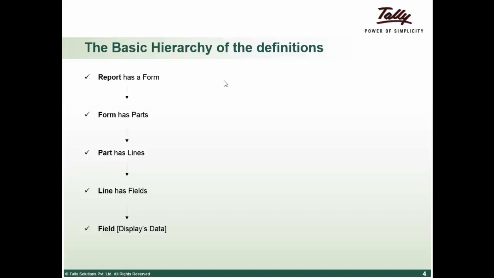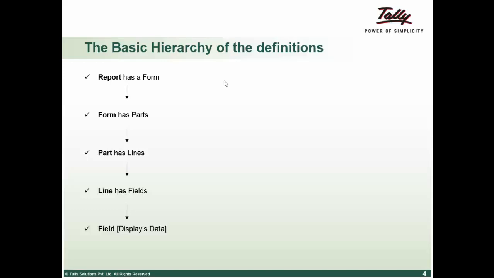Repeating the hierarchy once again. A report has a form in a display mode and can contain multiple forms for the print or the export mode. A form contains vertical parts. Parts can further contain horizontal parts or lines which are horizontal. Lines can further contain lines or fields.